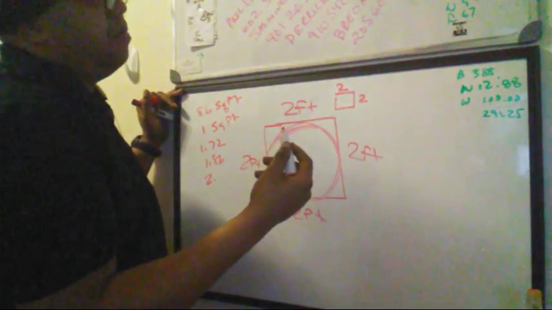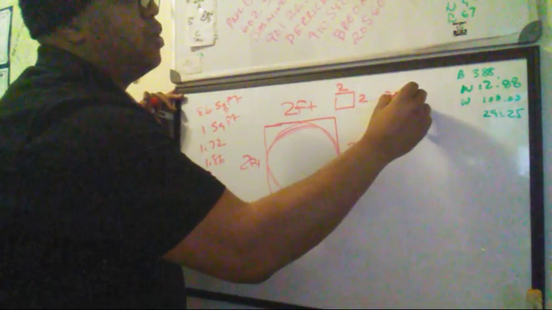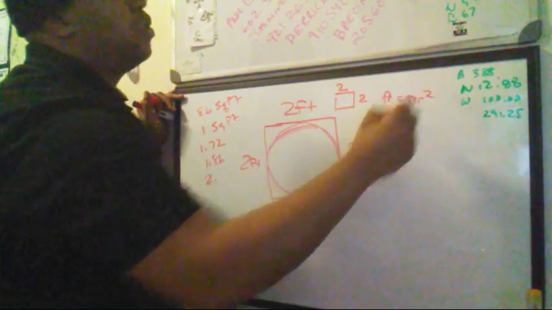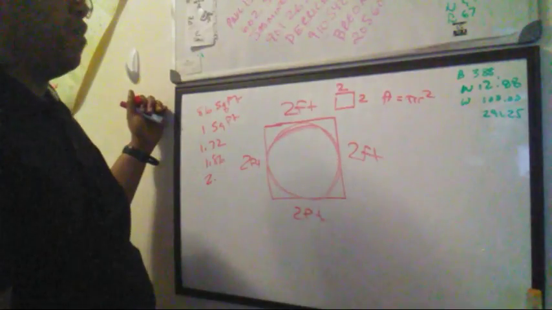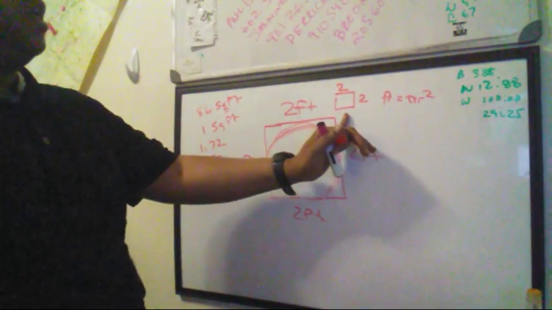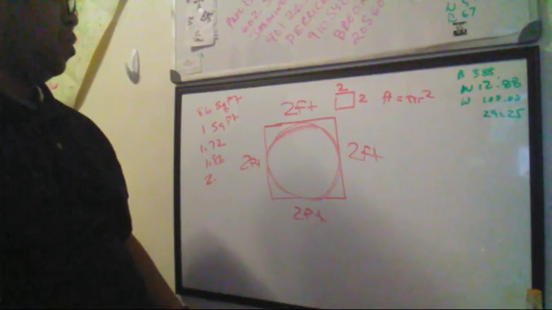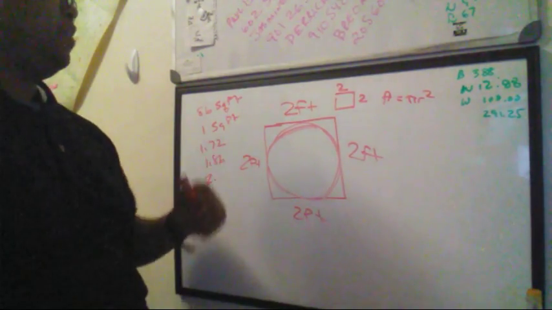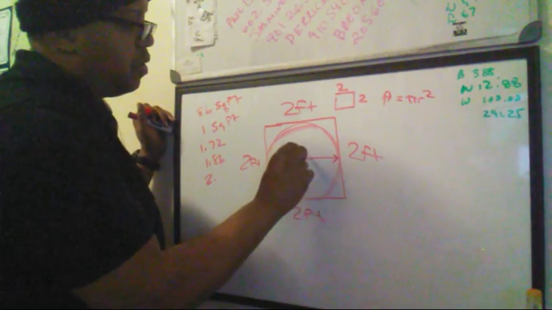And then we need to know the area of a circle. The area of a circle is pi r squared. All right. And both of these are going to come out in square feet, whether you're calculating area here or area in the circle. All right. So if it's 2 feet by 2 feet, that means that the radius is 1. Okay.